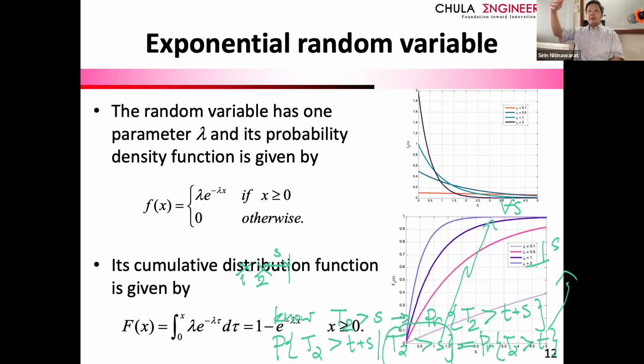The larger lambda is, the smaller the mean of this exponential distribution, because the more frequently customers are coming in, the shorter the mean inter-arrival time of each customer should be.